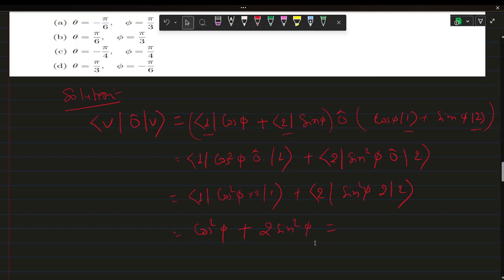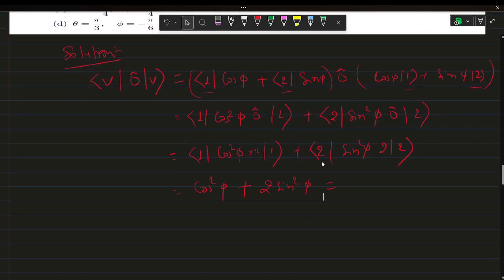So this is cos²φ + 2 sin²φ, which is equal to 7/4, already given as 7/4.